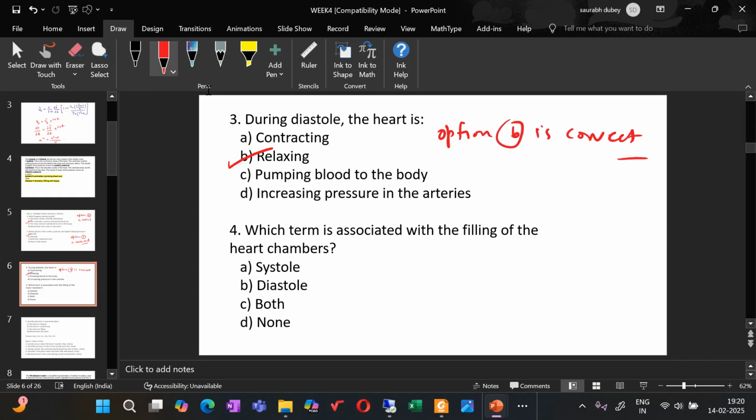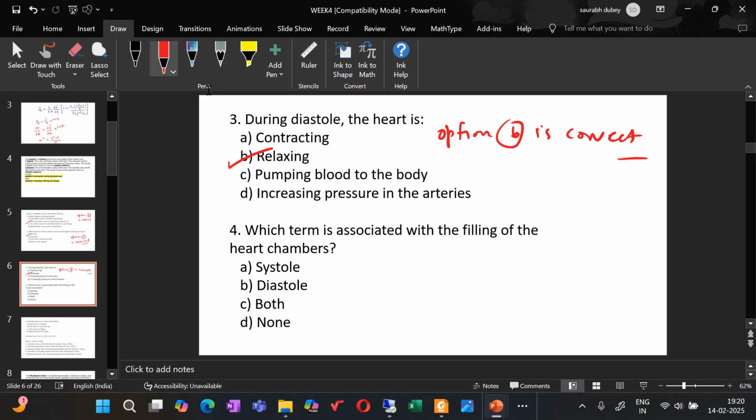And the next question is which term is associated with the filling of the heart chamber? Option A is systole, option B is diastole, option C is both, and option D is none. So you have to just see here, I am saying the filling of the heart chamber. Accordingly, you have to think about the contraction and the relaxation.